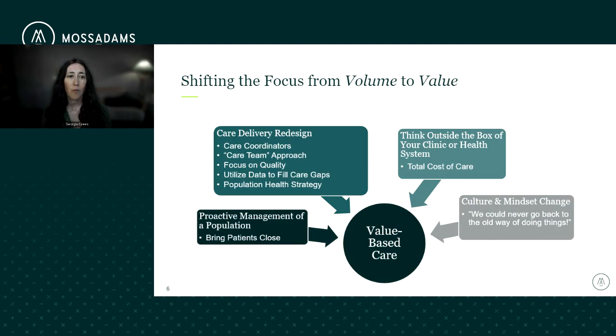So it's all about bringing a population of patients close to you and not waiting for them to walk in the door, but thinking about your active outreach to those patients. Care delivery redesign doesn't have to be one thing. It can look different at every organization, but these are just some common elements that you might see: care coordinators, care team approach, really leaning into data and data analytics to manage your patient population.